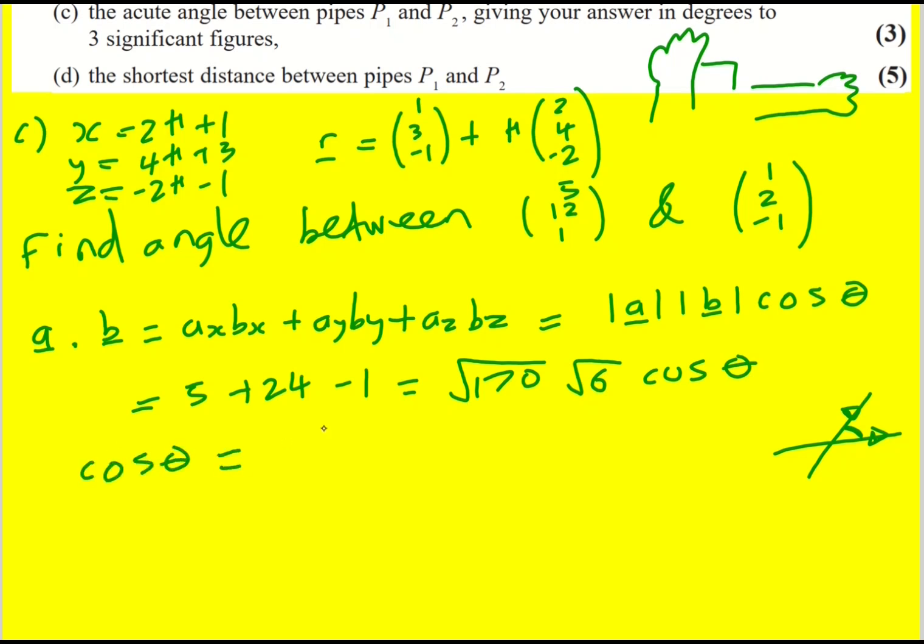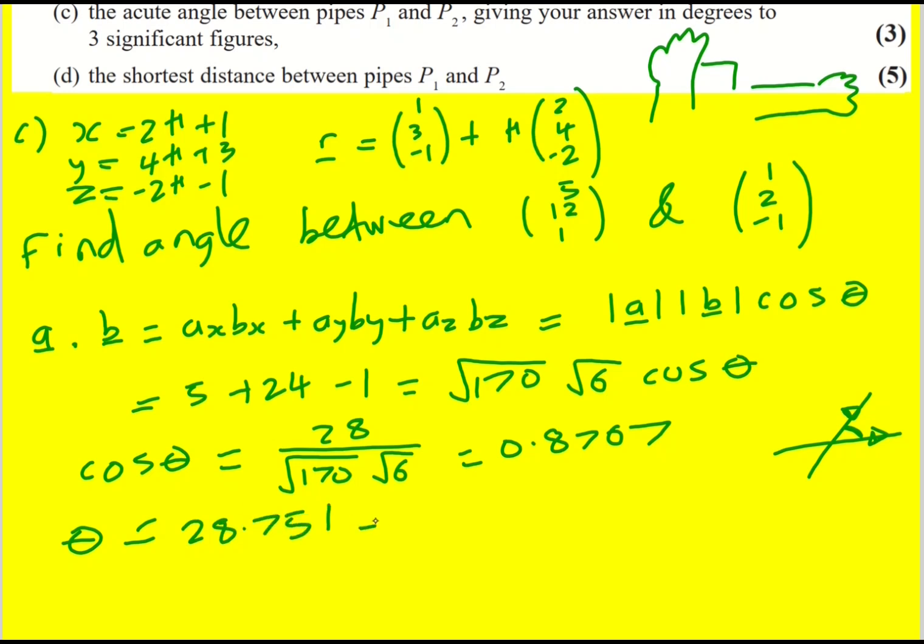So cos theta equals 28 over root 170 root 6, which is then 0.8767. Inverse cos of that. By the way, this is not going to be obtuse because cos is positive. Sorry, I have my calculator in radians there. It gives me 28.751, or 28.8 degrees. Nice.